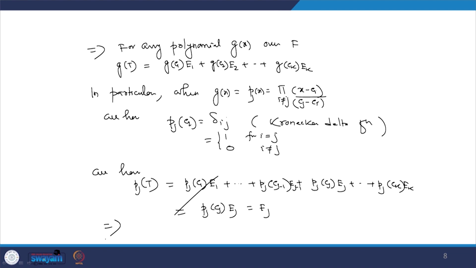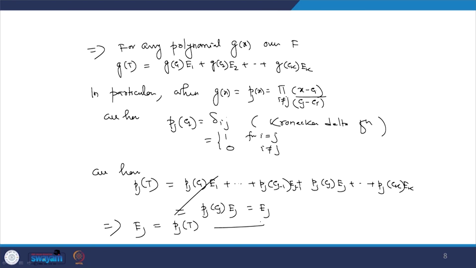So, this implies the projection operator Ej for this case is basically the Lagrange interpolation operator Pj(T), where Pj is a Lagrange interpolant polynomial function, please. So, this is the beauty of this result, please. So, we see that when T is diagonalizable, the projection operator has the structure of the form Pj(T), and that Pj is basically a Lagrange interpolant polynomial, please.